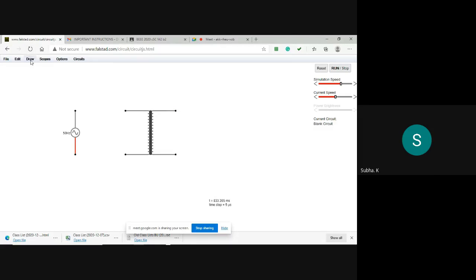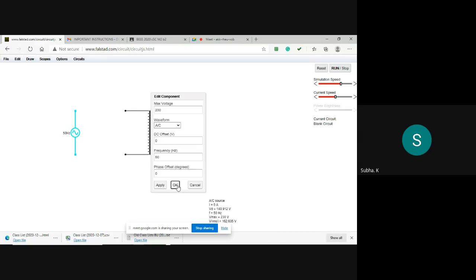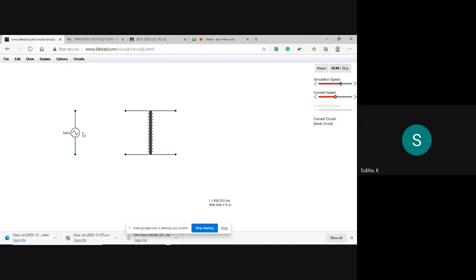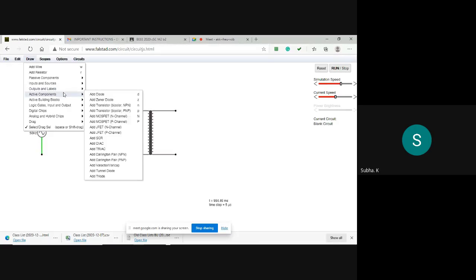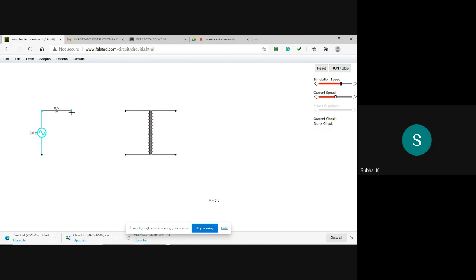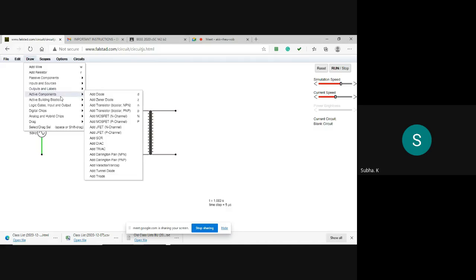Then one ammeter and voltmeter you have to add in both the primary side and secondary side. Trying to drag the component. Ammeter I have to add. Voltmeter I will add.